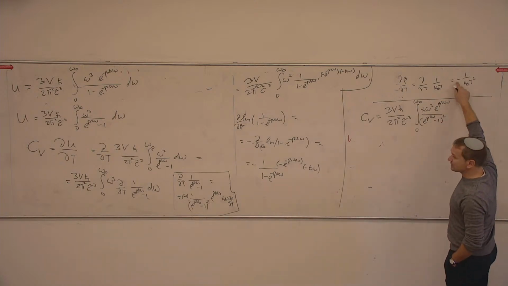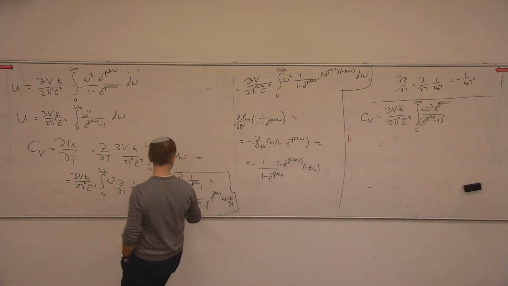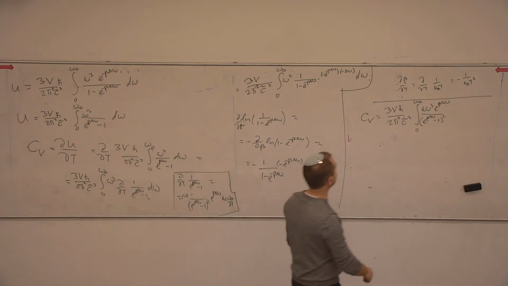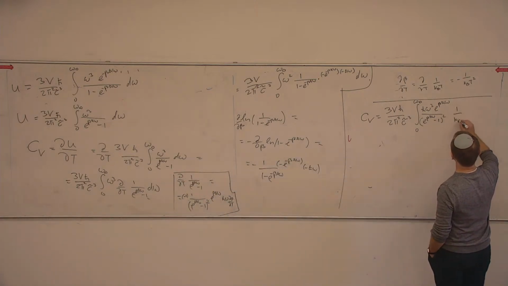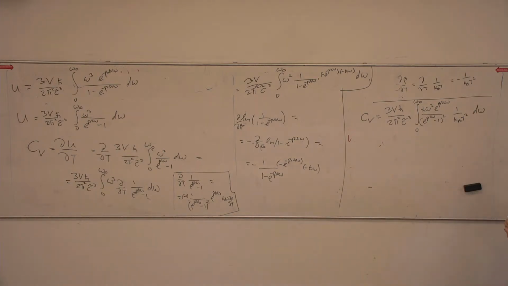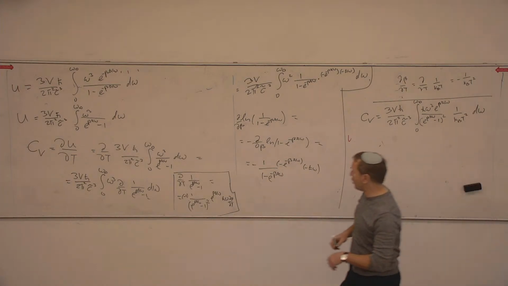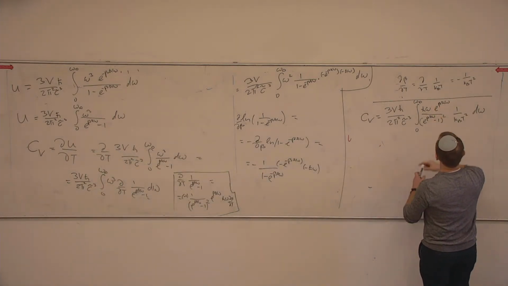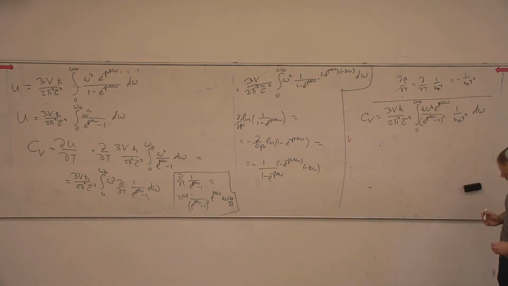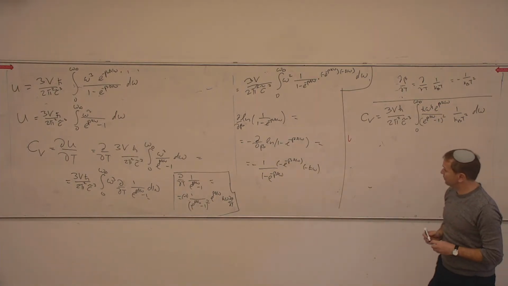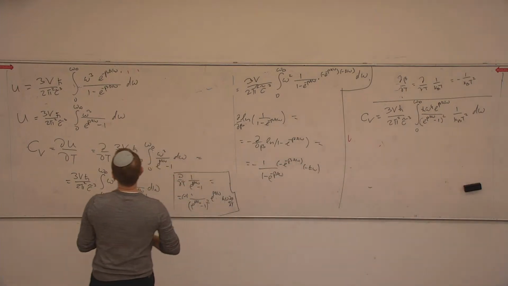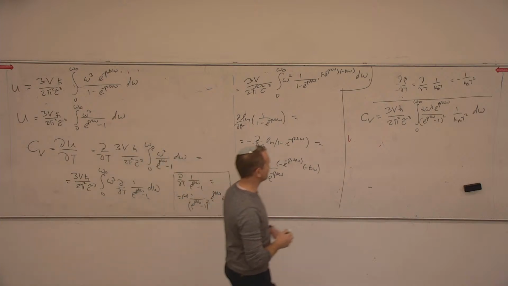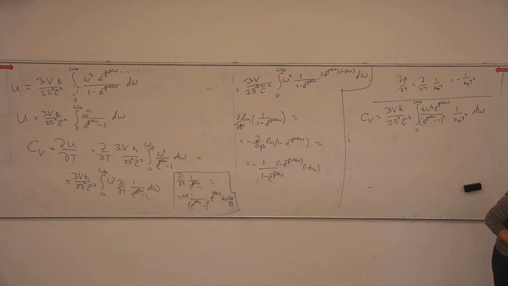We had this minus and we have that minus, so the minuses cancel out. So we have 1 over k Boltzmann T squared, d omega. We started with omega to the third, so it's omega to the fourth. Seems like I got it right.